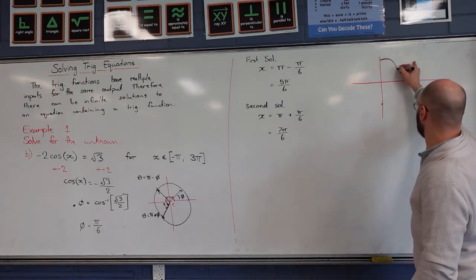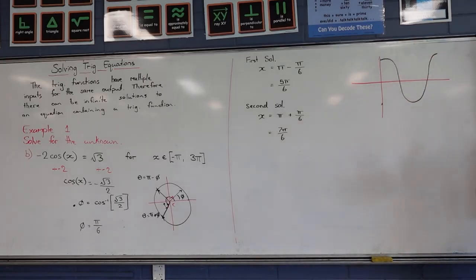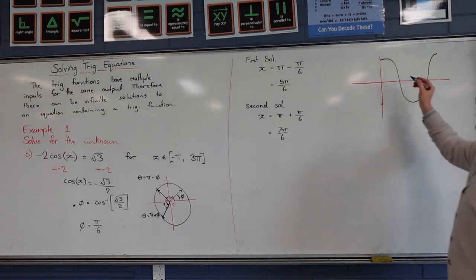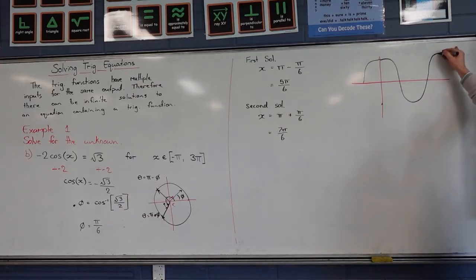Cosine over 2 pi looks like that, doesn't it? But we're starting it a little bit earlier. We're starting it at negative pi. So that means we're doing that. And that means that this is going to go all the way up to 3 pi.